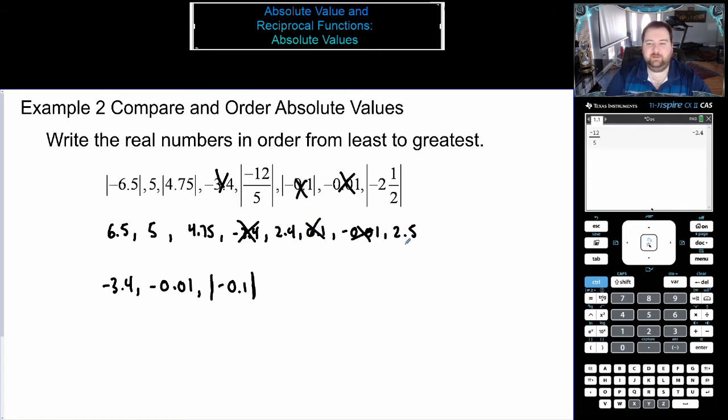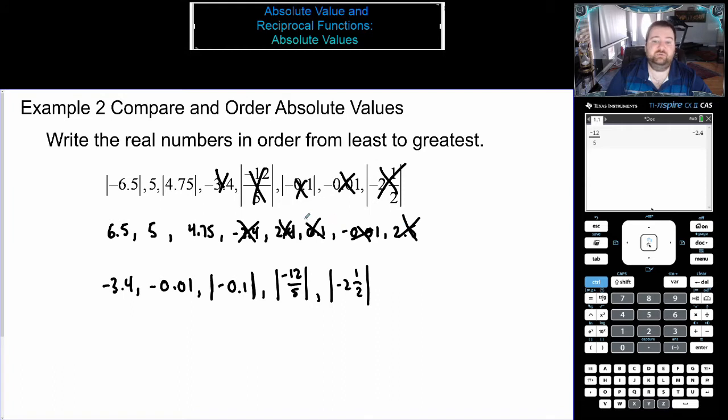What's the next biggest? 2.4. So that was this one. The absolute value of negative 12 over 5. Okay. 2.5 is next, which is the absolute value of negative 2 and 1/2. So again, what we're trying to do is write them out in a common form so you can compare them.